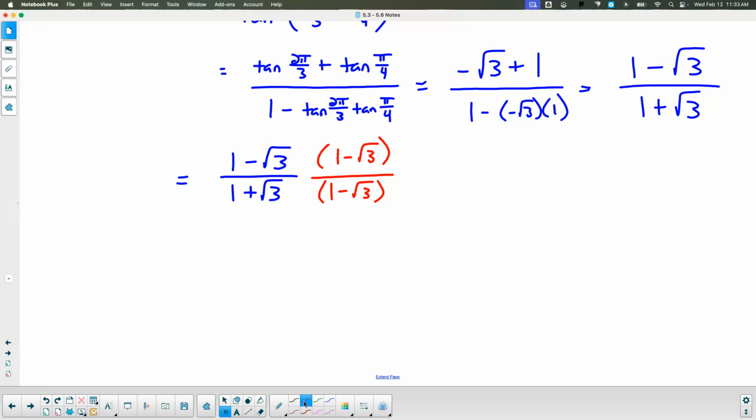So on top then, we get 1 minus the square root of 3 minus the square root of 3 plus 3. On the bottom, we get 1 minus the square root of 3 plus the square root of 3 minus 3.